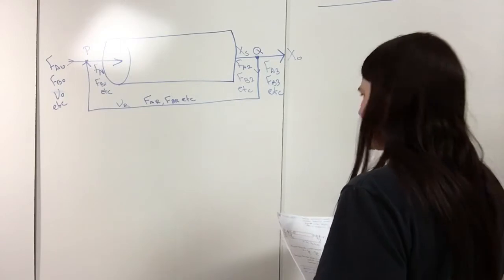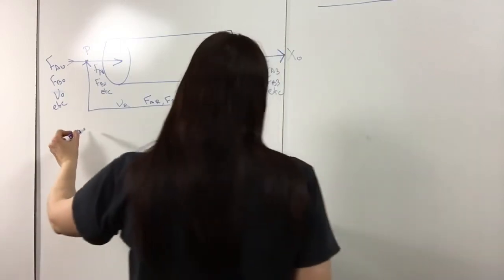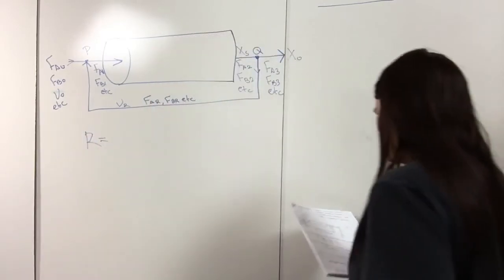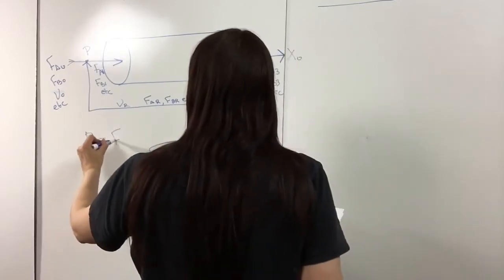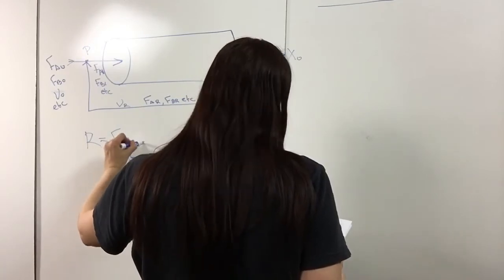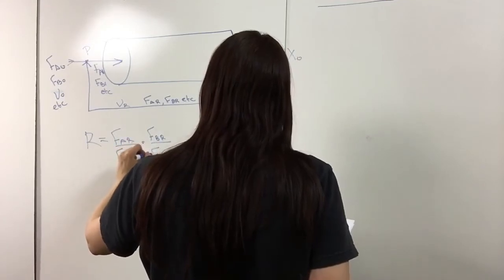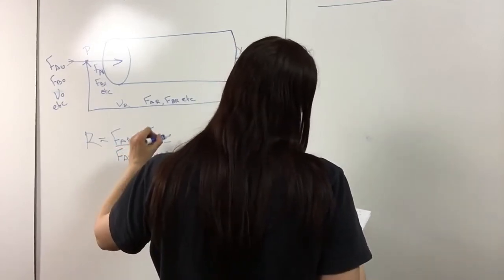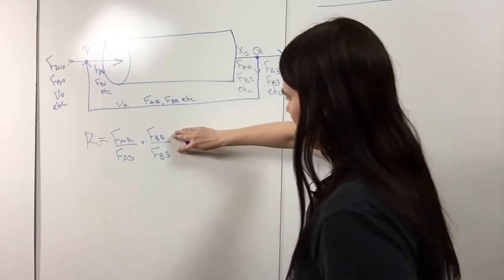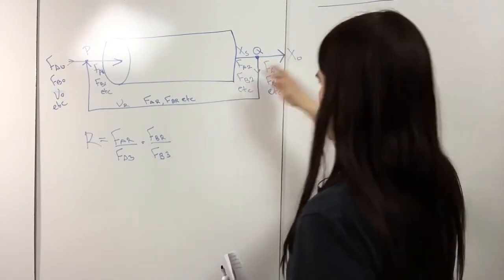The first thing I want to define is the recycle parameter, defined as R, and R equals FAR over FA3 equals FBR over FB3, etc. This is basically the ratio of what you're feeding into the stream versus what's exiting.